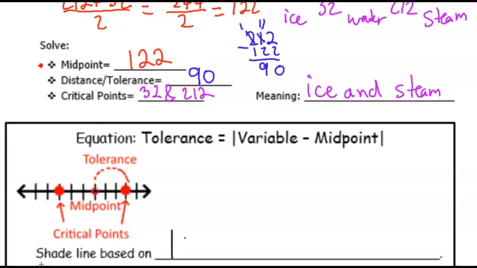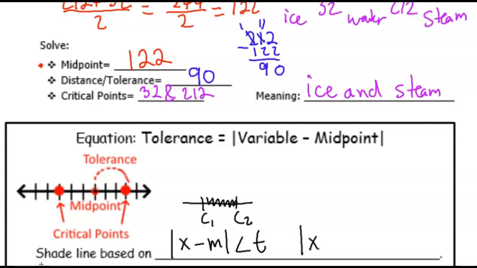So if we have the absolute value of x minus m is less than the tolerance, we'll shade the inside. If we have the absolute value of x minus m is greater than the tolerance, we'll shade the outside.